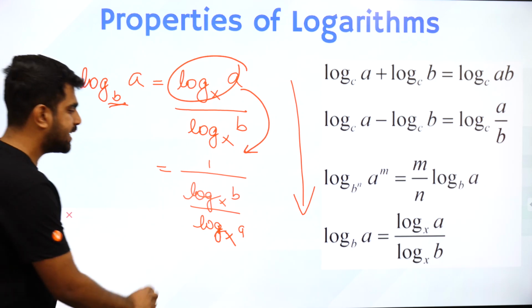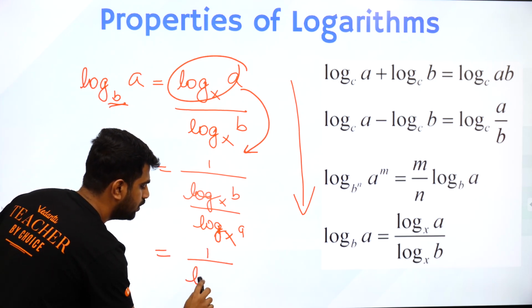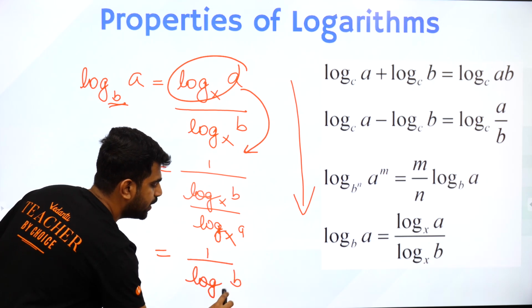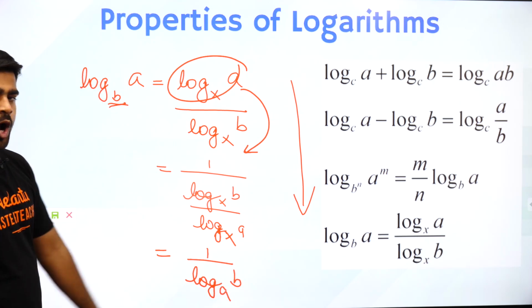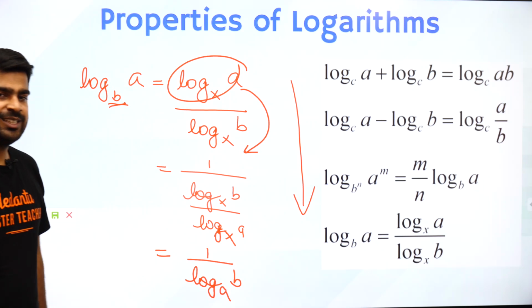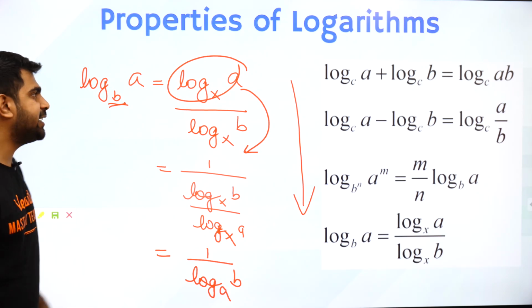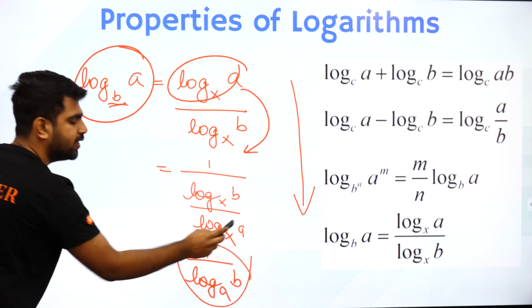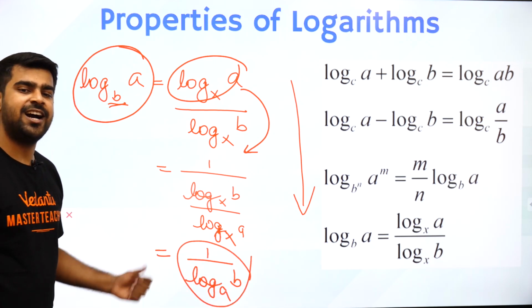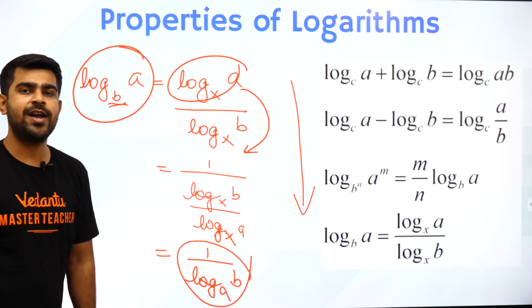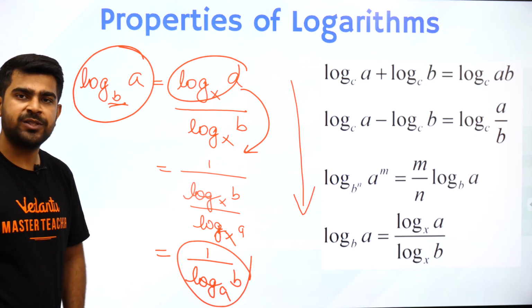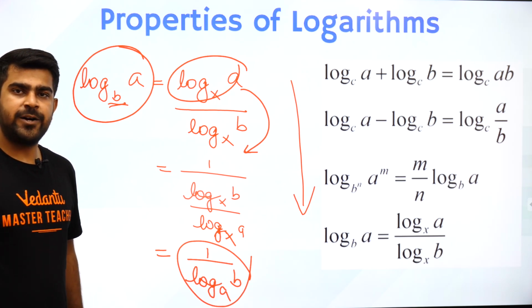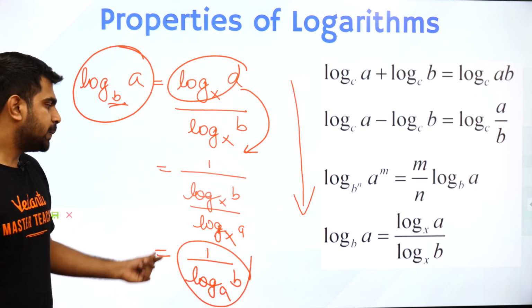So now, can I say this is nothing but 1 by log b to the base a according to property 4. So here we have something amazing. So log a to the base b is nothing but 1 by log b to the base a. Another good result. I can use this while solving. Okay guys, all of you clear with it? Perfect. Awesome. So please make a note of it.